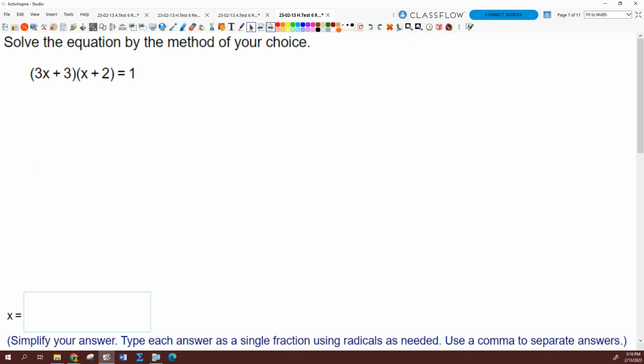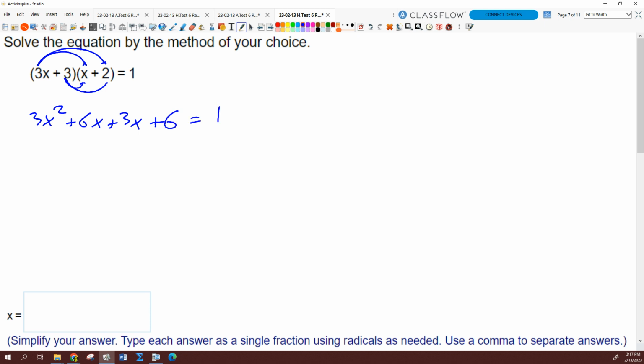Okay, how about this one? Yeah, we would have to expand that out, wouldn't we? So if we expand this thing out, 3x times x is going to be 3x squared plus 6x, plus another 3x plus 6 equals 1.